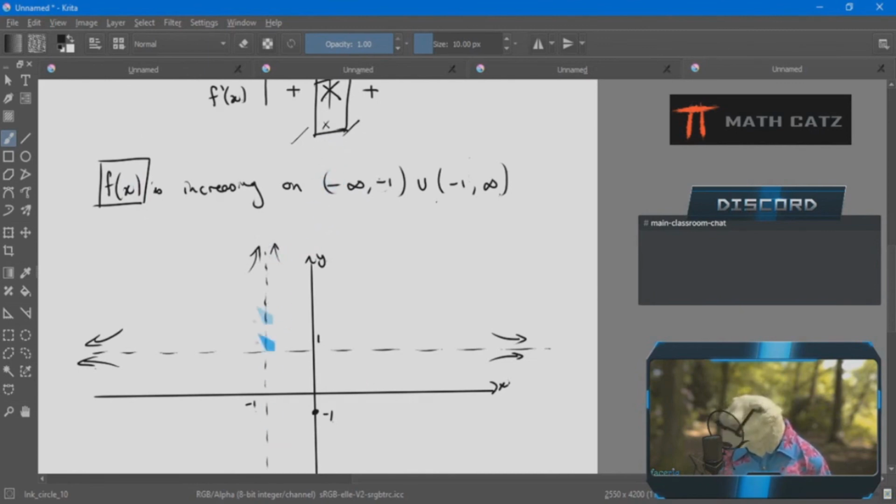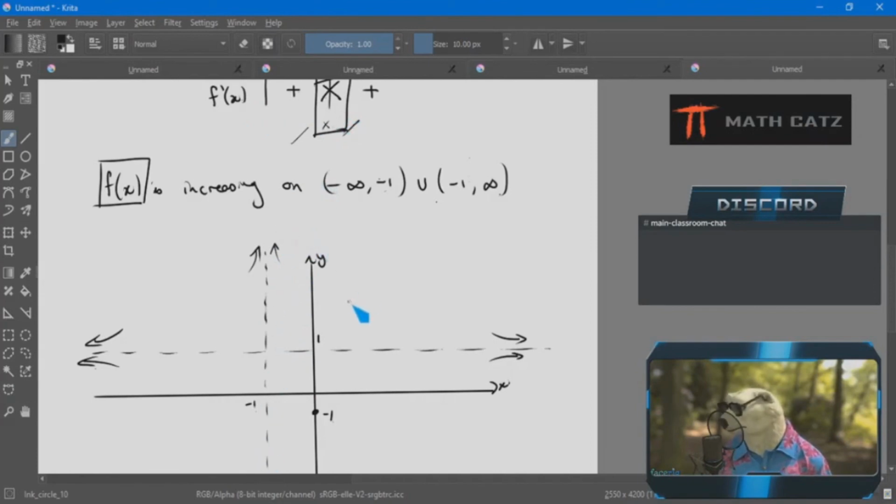Well, of course, there is no graph at -1. There's no point. How can there be a slope of a tangent line when there is no tangent line? There is no line to be tangent because there's no graph, because there's a vertical asymptote. So what I find from the derivative agrees with what I have so far.